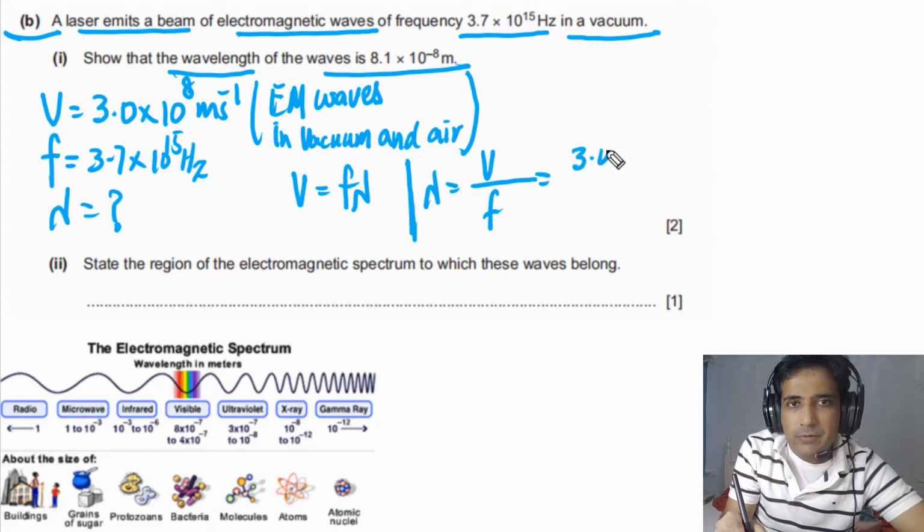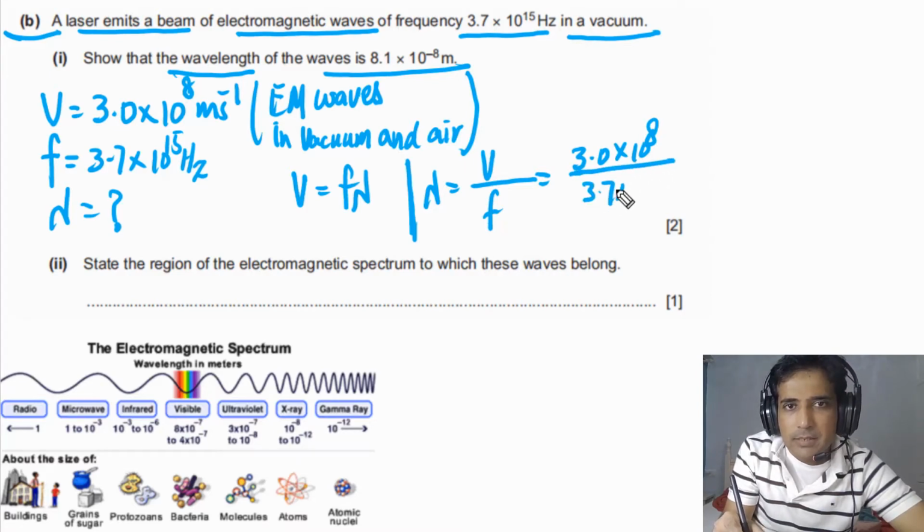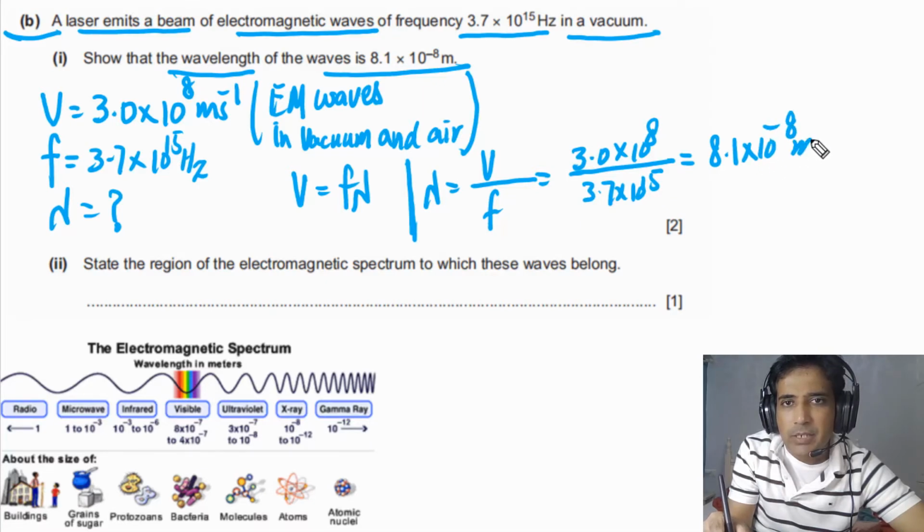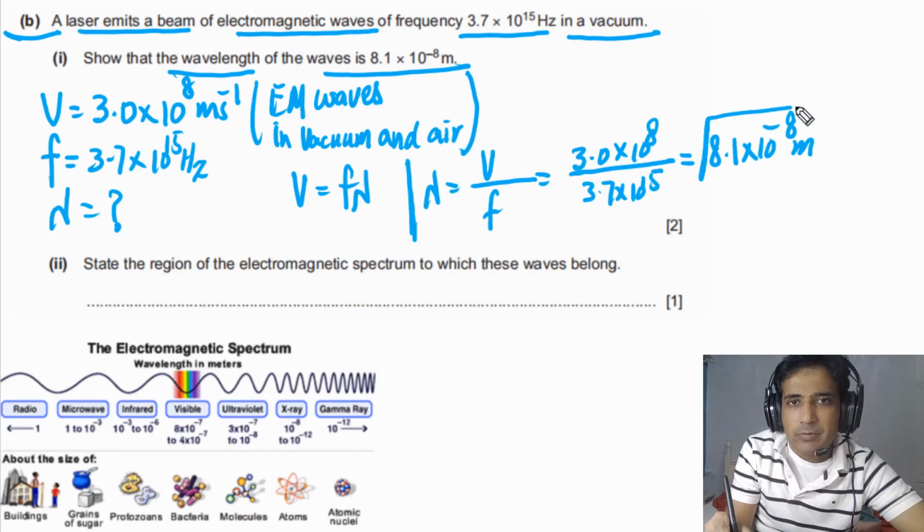The speed of waves is 3.0 times 10 to 8 meters per second and the frequency of waves is given, that is 3.7 times 10 to 15 hertz. If we solve this, our final answer will be 8.1 times 10 to negative 8 meters, and this is the wavelength of these electromagnetic waves.